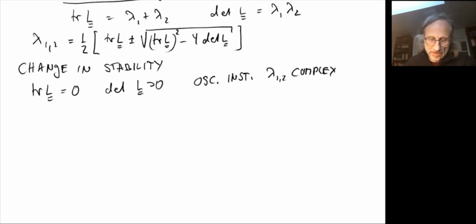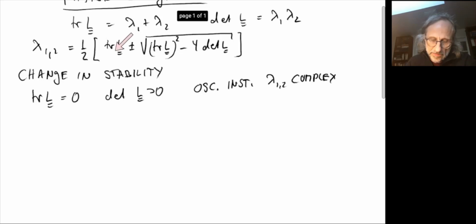Real eigenvalues occur in the following way. A real eigenvalue is going through 0. It goes to 0 when the trace is negative, and the square root compensates for that. So that would be the positive sign. When the trace is negative and the determinant is 0, then the positive sign would lead to a 0 eigenvalue.